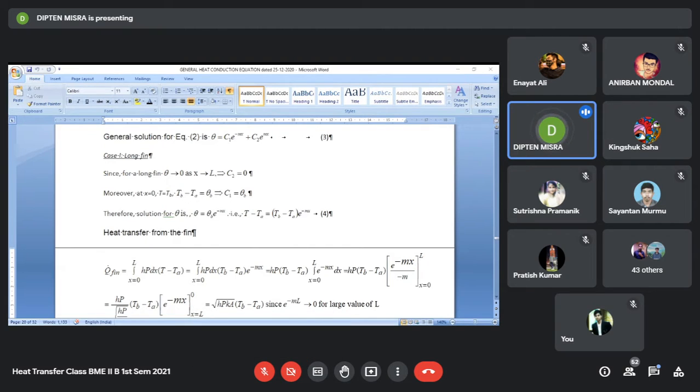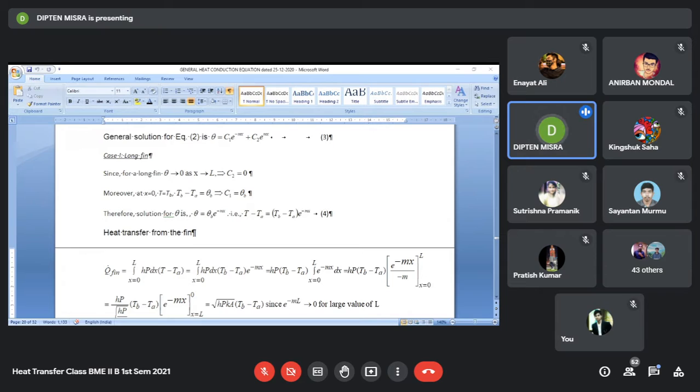And for all other fins, the value of M cannot be negative. The minimum value of M is 0, which is for the case of the ideal fin and when k approaches infinity. And for all other real life fins, the value of k will be finite and the value of M will be something greater than 0.